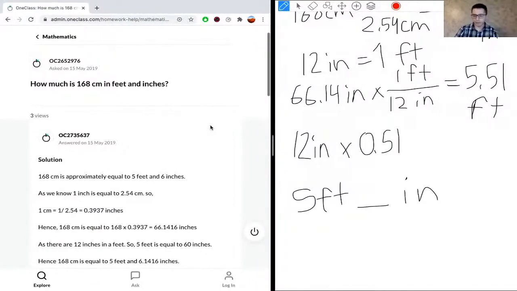So to calculate what that something is, we just take 12 inches, that's how many inches are in a foot, and multiply that by 0.51, the remaining amount. That'll give us 6.12. So we can say it is 5 feet and approximately 6 inches.